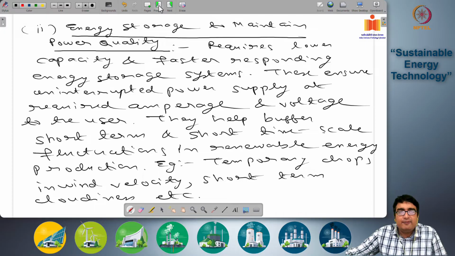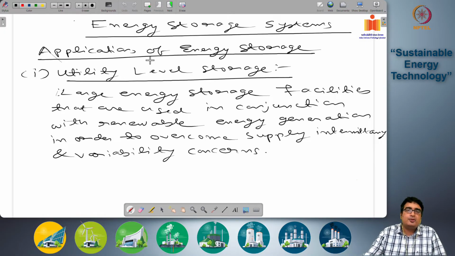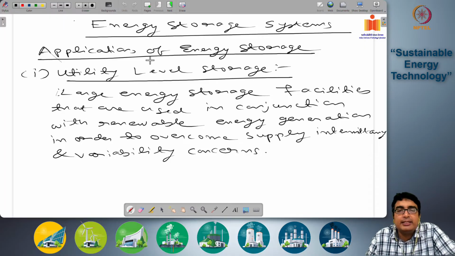So, the main difference from the previous case, where we are looking at utility level storage, is that these are large capacity energy storage systems that are looking to buffer large scale variability in storage and supply. For example, if you are looking at a solar power farm, then you will require a large scale energy storage system to cover for the night times when there is no actual supply coming from the solar generation plant.